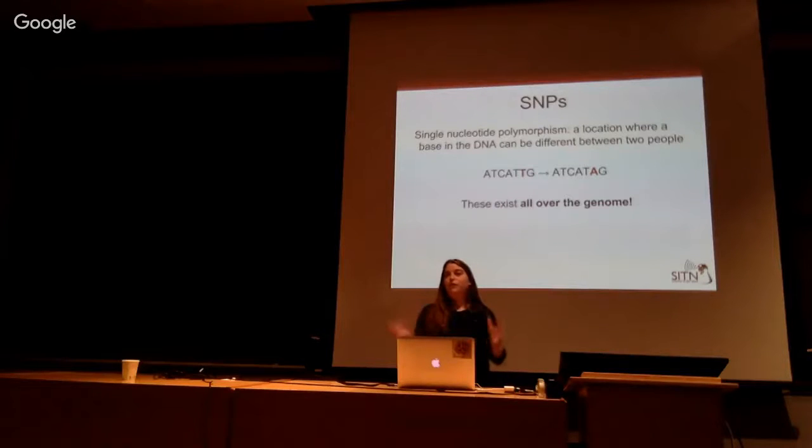I told you there are 3 billion bases. There are actually millions of locations in the genome where people can be different from each other. So even though we are much more alike than different in terms of DNA, something like 99.5 to 99.9% alike, that's still a lot of places where the DNA can be different, right? It's 3 billion bases, that's a lot of locations. This is part of what makes us different from each other, that we all have a different set of SNPs, unless you have an identical twin.